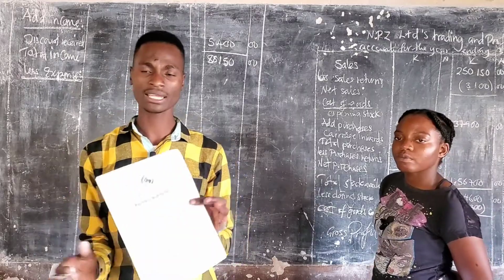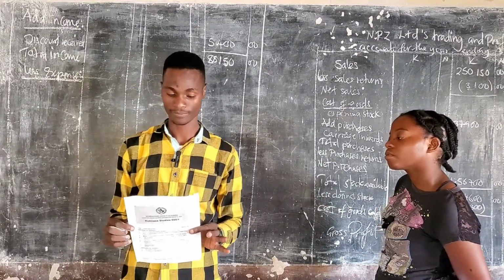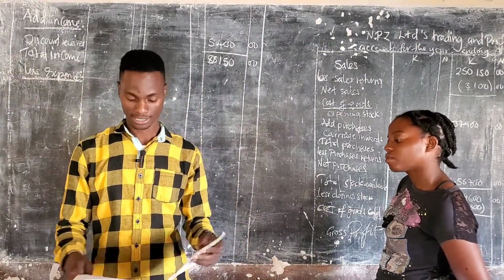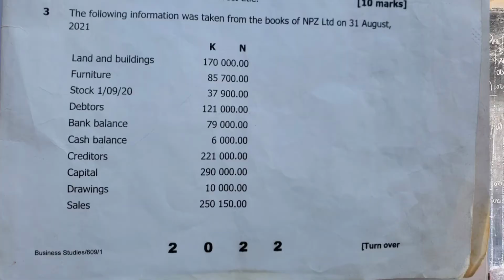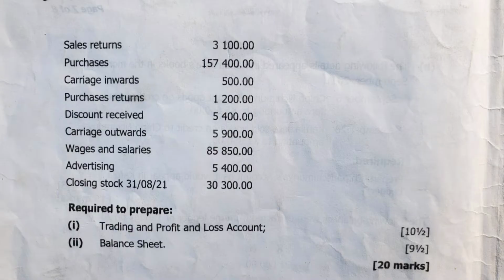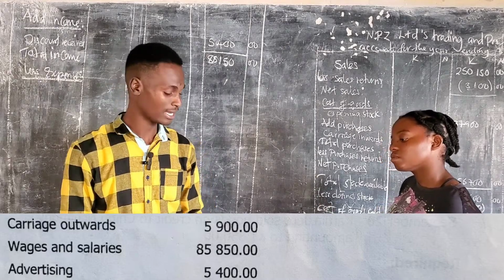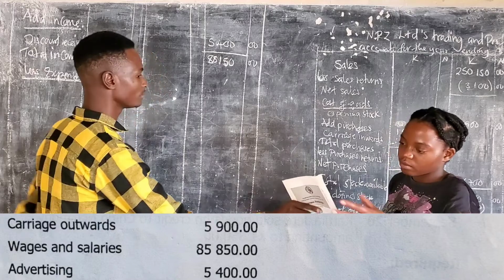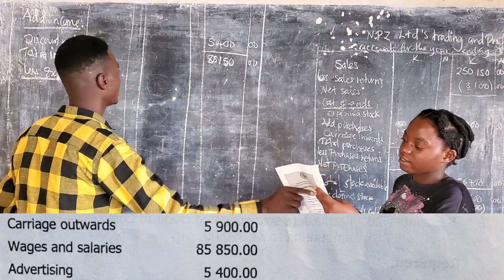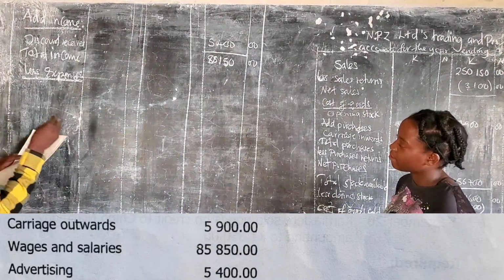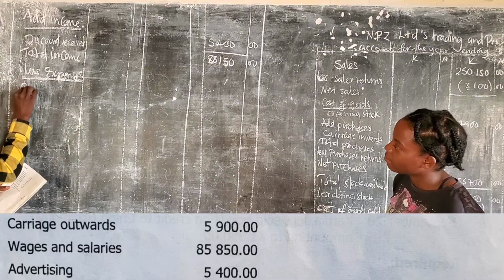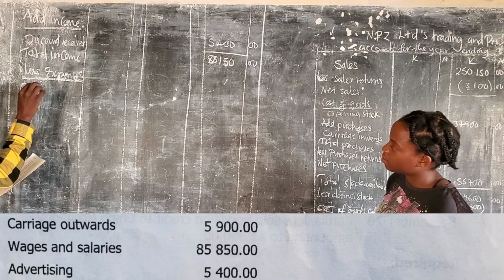Less expenses. We check on the expenses. When you look at the list, from the land and buildings to the last one, which is closing stock, we have three expenses: carriage outwards, wages and salaries, and advertising. So we're going to write here carriage outward.